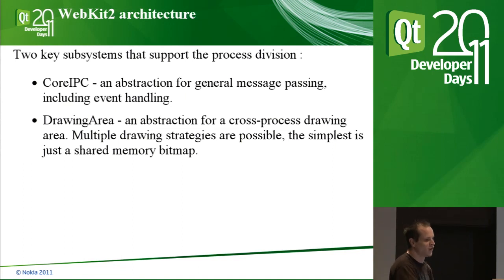I'm not going into the core details, basically, but there is also a drawing area, which is an abstraction for cross-process drawing. So that the web process can render into a shared place that the UI process can read to actually show it on the screen, right? It's some kind of shared memory where one renders, and when it finishes, the other reads it to show it on the UI process, so it shows on your application.